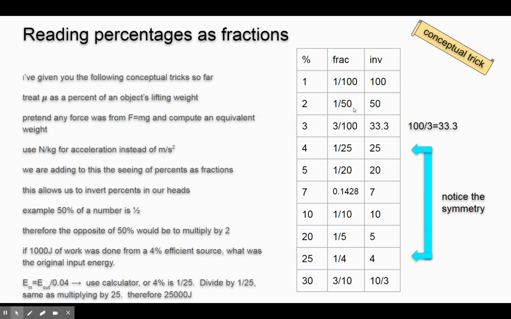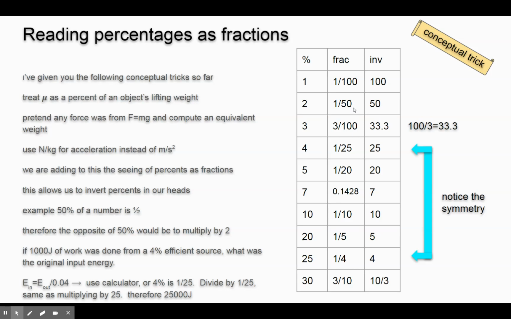And now we're going to add to this list of conceptual tricks how to see percents as fractions. Instead of going, I need 50% of a number, say I need half of a number. And then the opposite to go backwards is twice as much. If you get 1,000 joules of work and you got it from a 4% efficient source, what is the opposite going backwards from 4%?